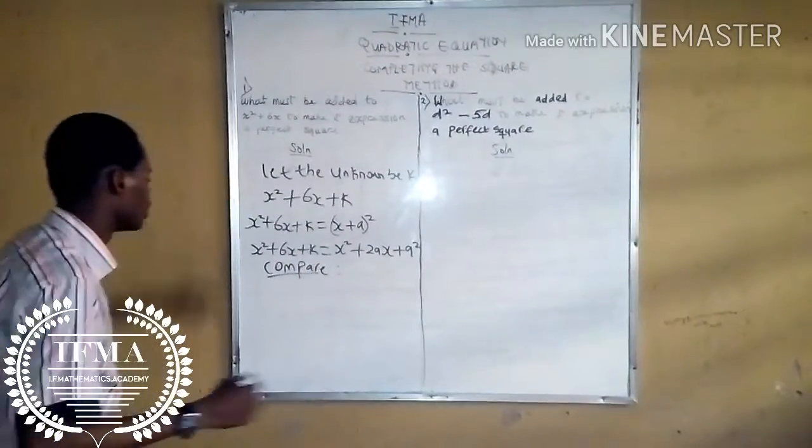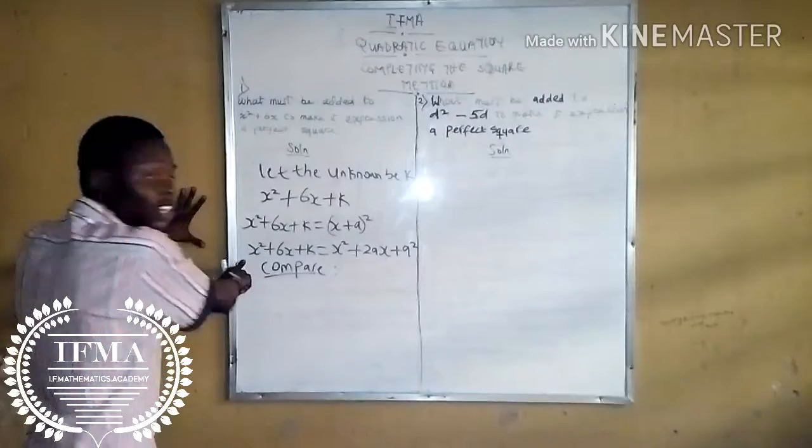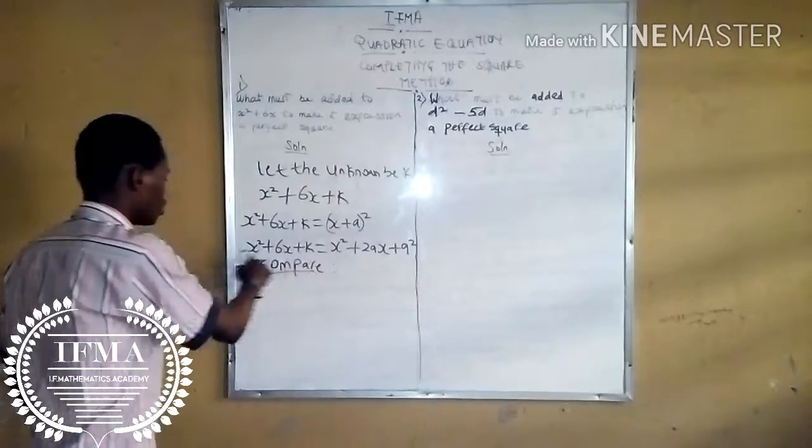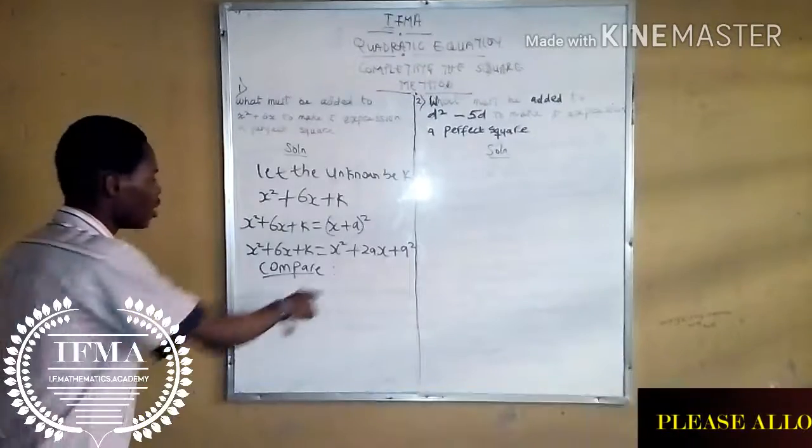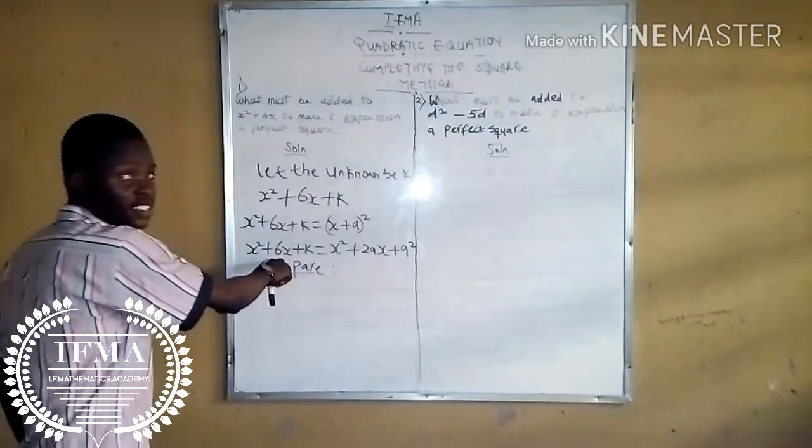So now what do we see? We see that the coefficient of x here is 1, so we don't need to write that. Then the coefficient here of 2a is 6.